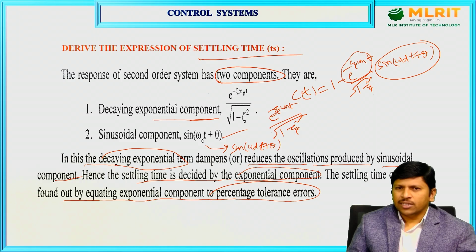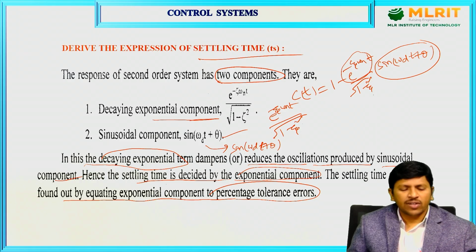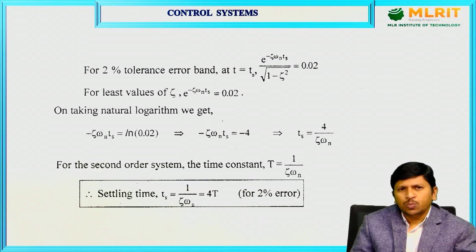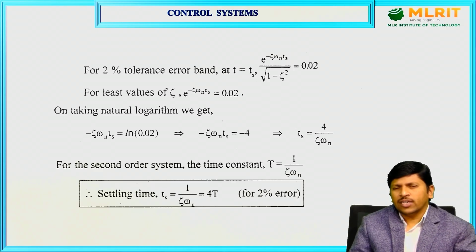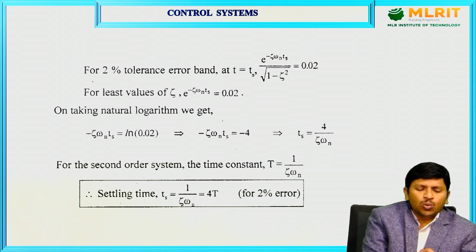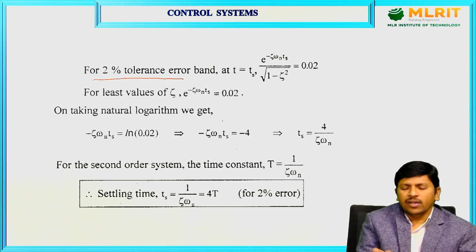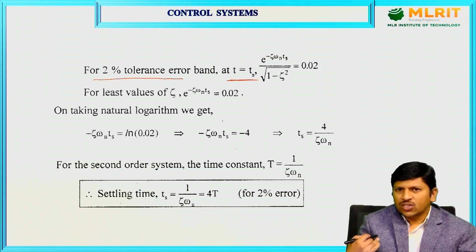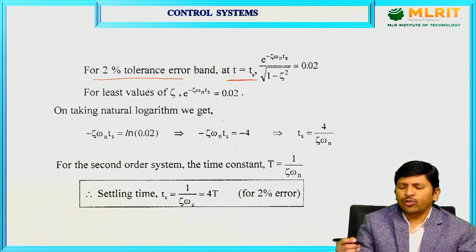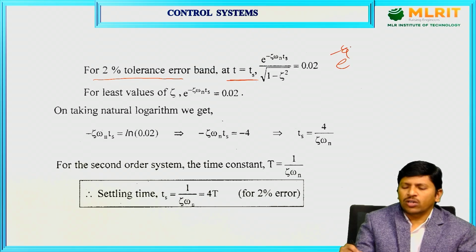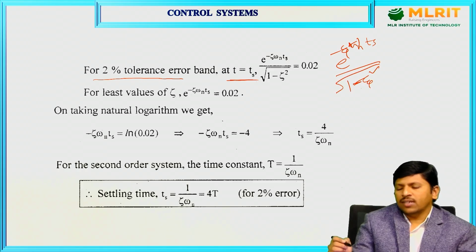Now see the first error here, 2%. We calculate the settling time for the 2% tolerance error band at t equals ts. At t equals ts, we consider the exponential component only, that is e power of minus zeta omega n ts divided by under root 1 minus zeta square.